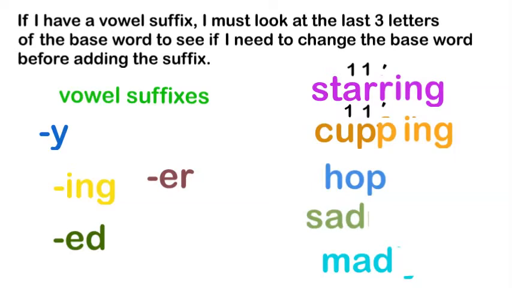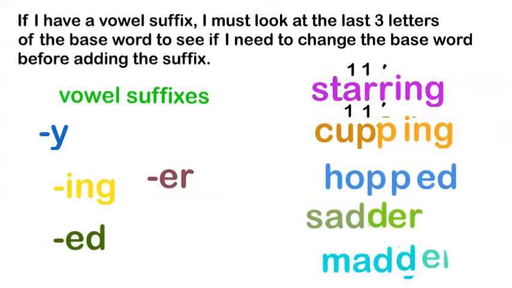It becomes cupping. Again with hop, 1-1-1, so I have to double the P before I add the ed, hopped. I have one vowel, one consonant, one syllable that's accented, so I'm going to double the D before I add er. Sadder. And then double the D in mad before I add er. It becomes madder.